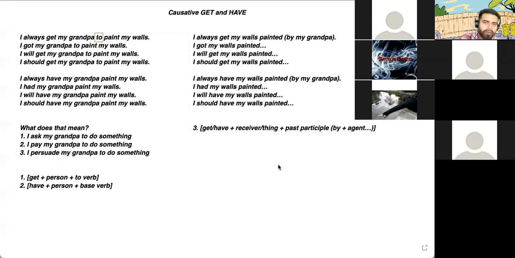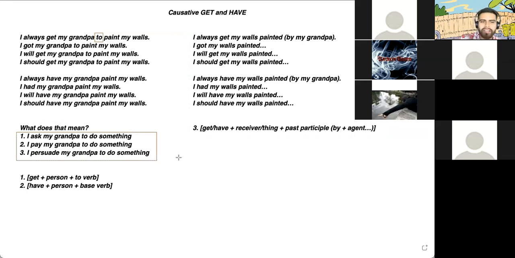And guess what? All of these sentences mean that I got my grandpa to do something, whether it's with money, whether it's asking him, or whether it's persuading him, convincing him to do it for me.